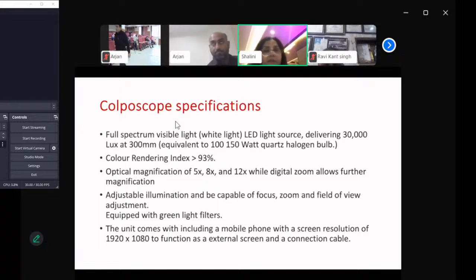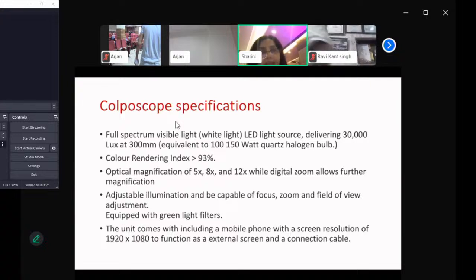So the full spectrum visible light with LED source delivering, these are the specifications. The color rendering index is more than 93%. The optical magnification can be 12x and up to 40x. The adjustable illumination is able to focus and zoom. So these are all very possible things in a mobile app.